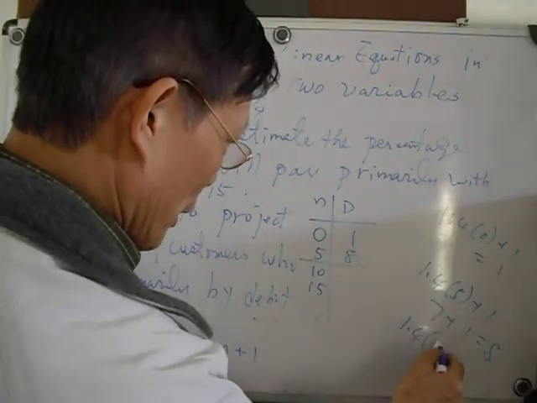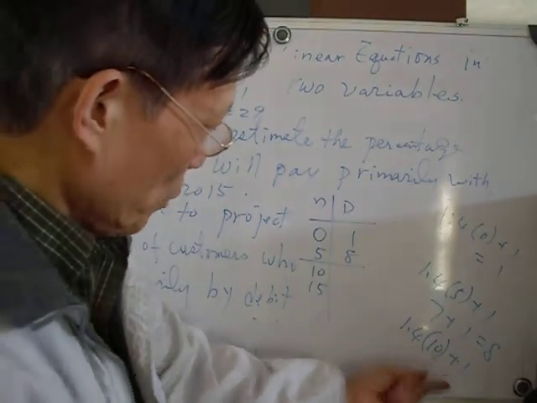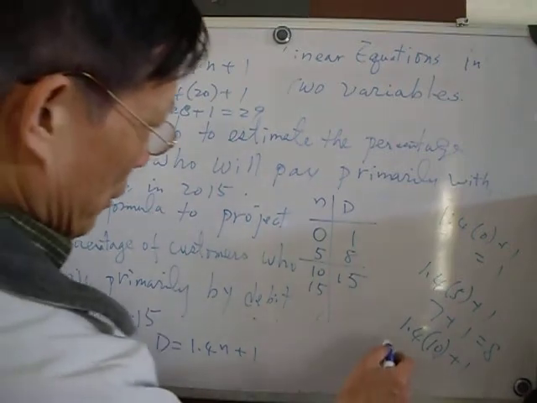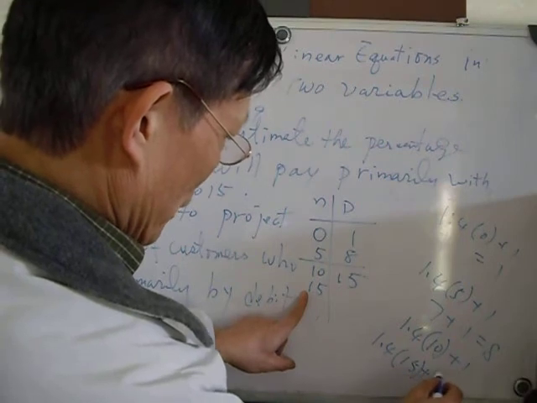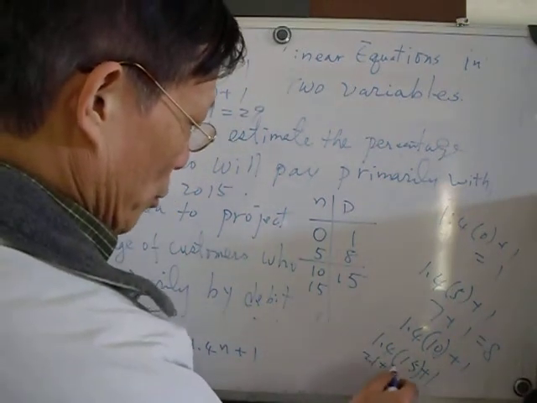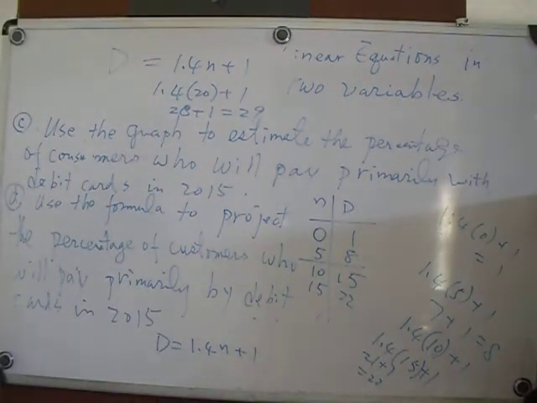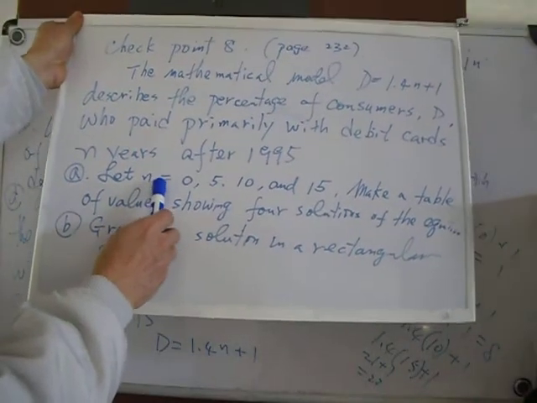The algebra is very easy to do: 14 plus 1, 15. And the last one, 1.4 times 15 plus 1. If you use your calculator, 21 plus 1, 22. That's 22. That's the instruction A wants us to do.